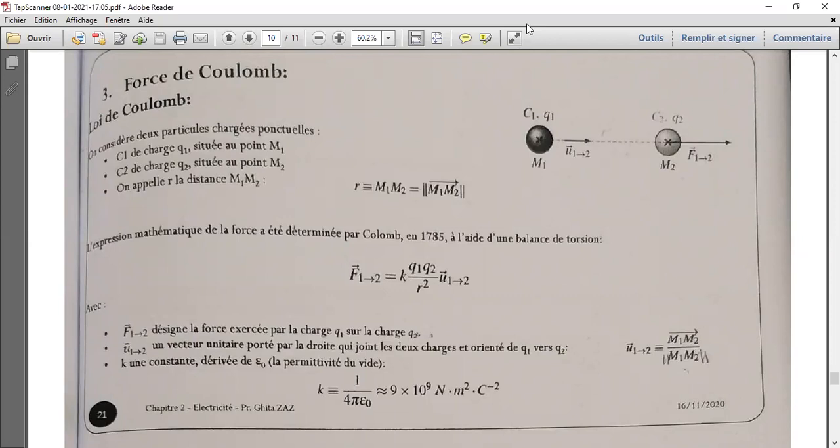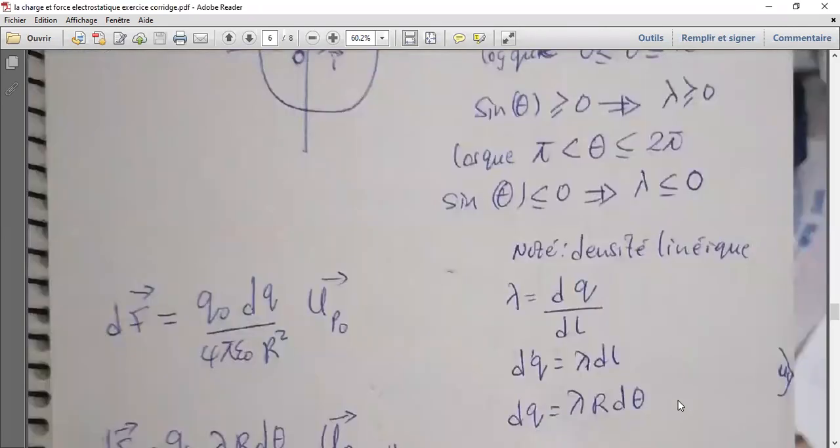In this case, since we have in our question a linear distribution, it means there is a change, and the one which changes most of the time is the one which is causing the force. There's no difference in the formula, just that we have dF, the differentiation of the force.